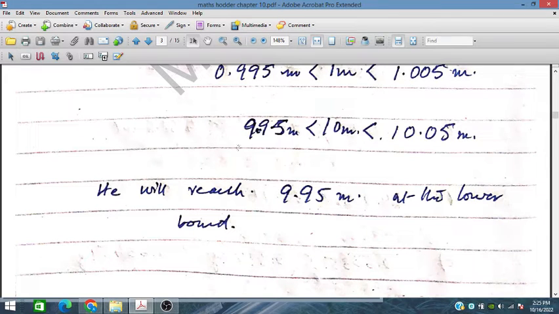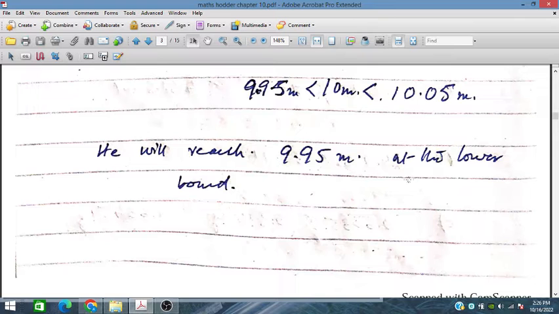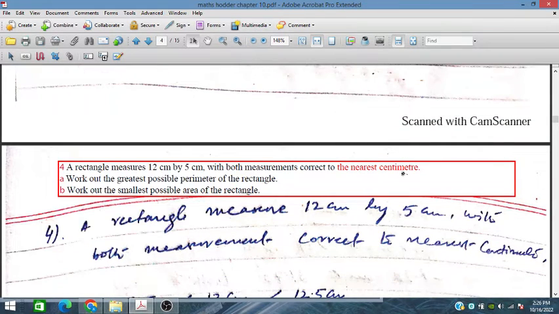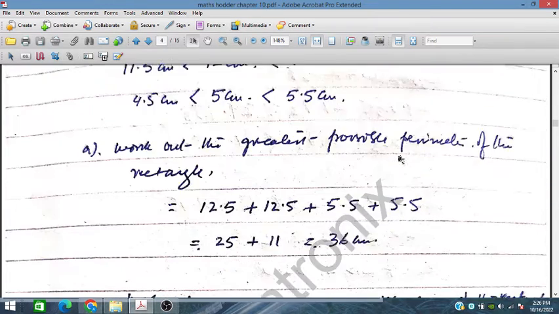For drain cleaning we need a longer piece, so the requirement should be fulfilled. So this is at least the length that the poles will reach, all poles combined. A rectangle is measured by this, so similarly this.